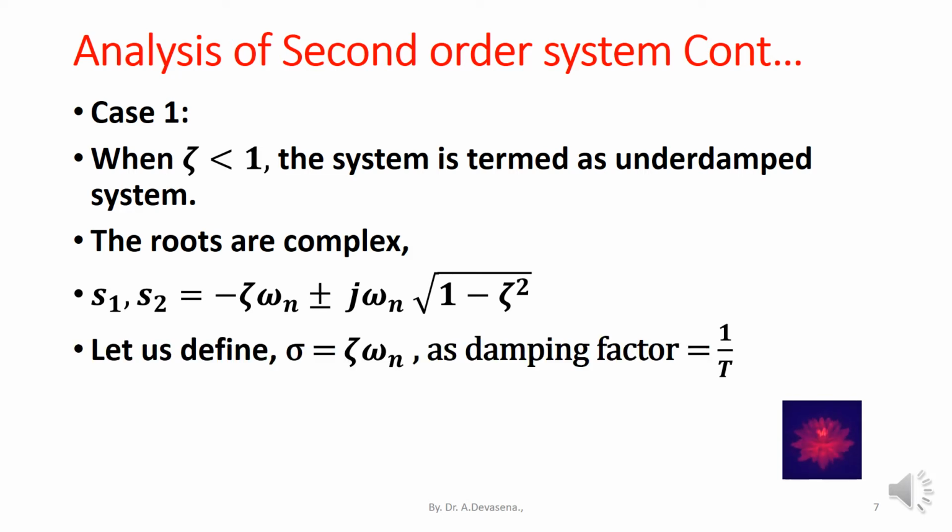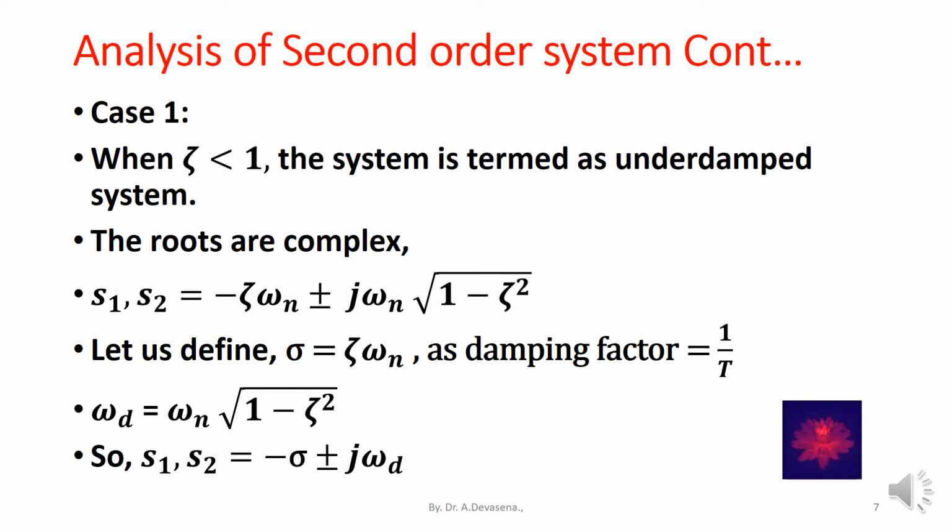Let us define sigma is equal to zeta omega n, and the damping factor is equal to 1 by T. Therefore, omega d is omega n square root of 1 minus zeta square. So, the roots are s1, s2 is equal to minus sigma plus or minus j omega d.